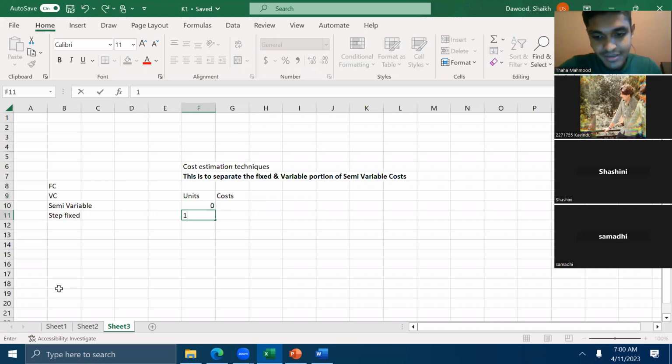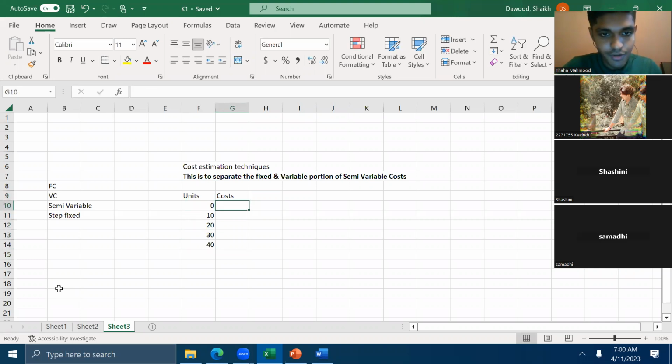Units are like this, costs are like this. Okay, now they will get this information.